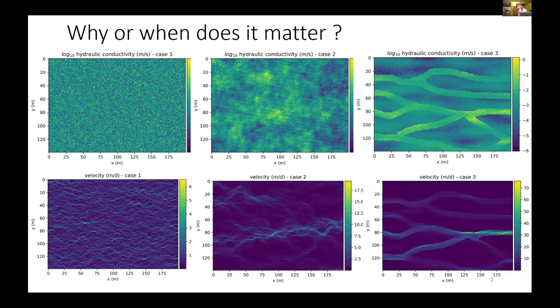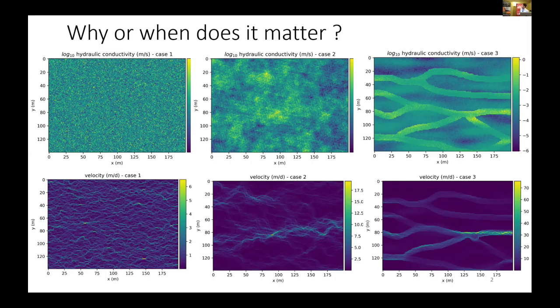If we look at the velocity field inside these mediums, we can see that in case 1, basically, we have lots of tiny channels with relatively high velocities. In case 2, the velocities are dominated at some locations, but already if we look at the scale of these velocities, they are already 1 order of magnitude greater.